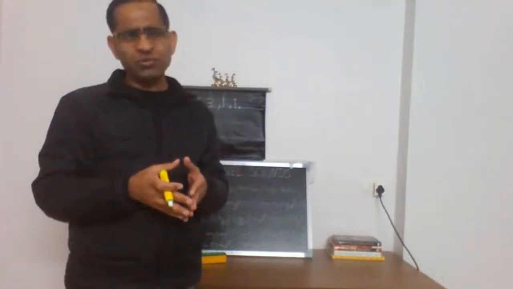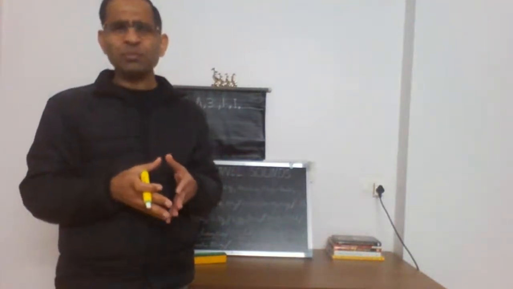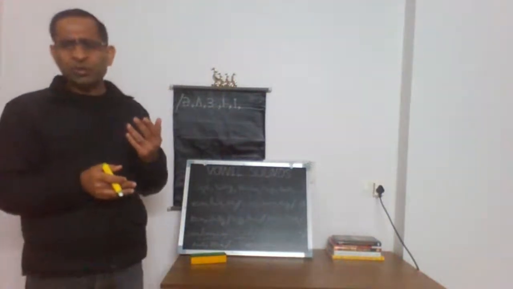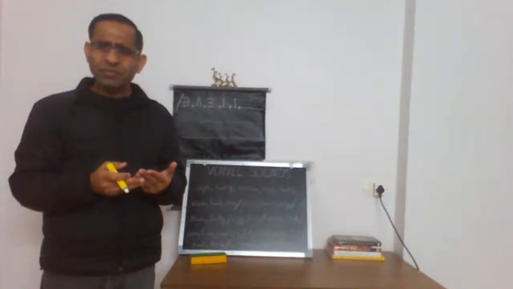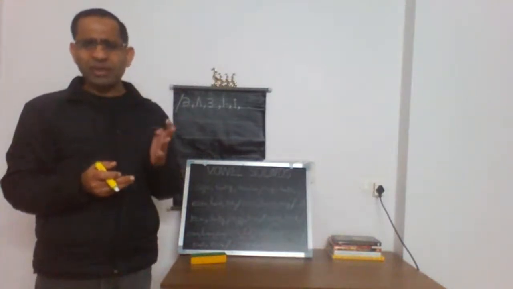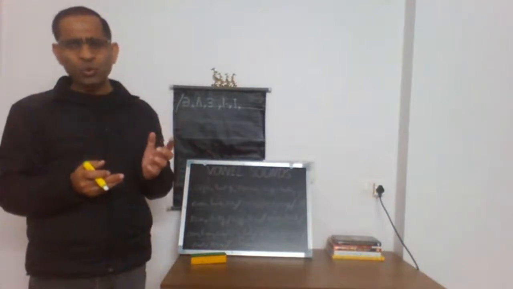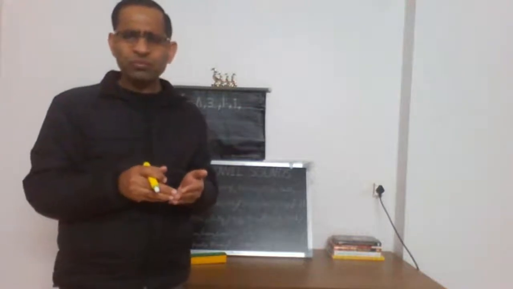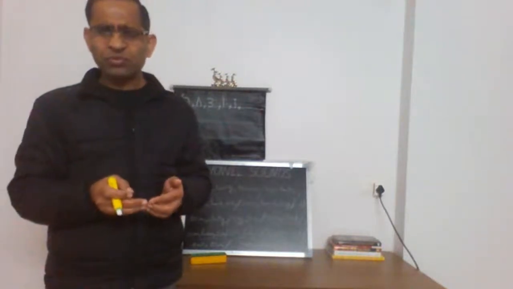And what is this glitch? What is this problem? In English alphabet, there are only 26 letters, that is 21 consonants and 5 vowels, A, E, I, O, U. But when you come to English sounds, we have 44 sounds.